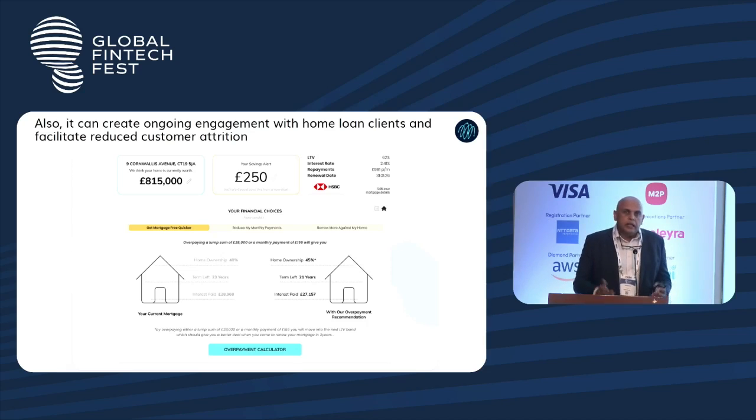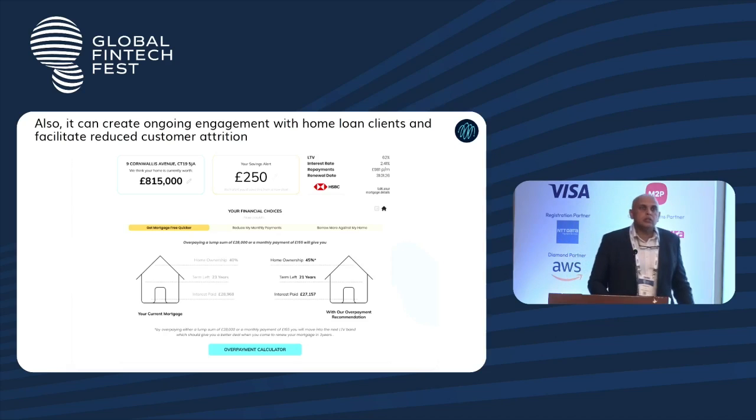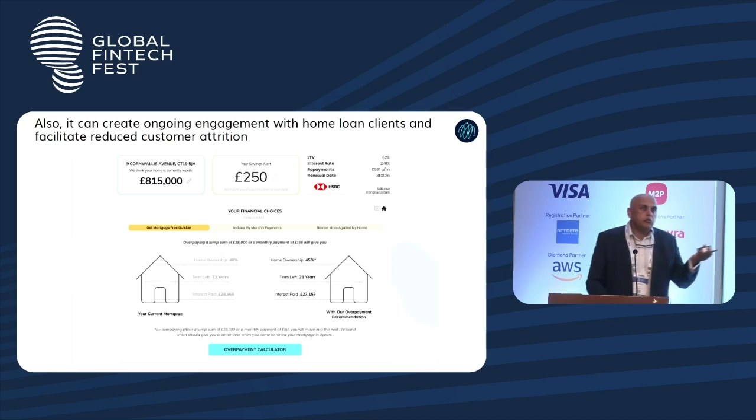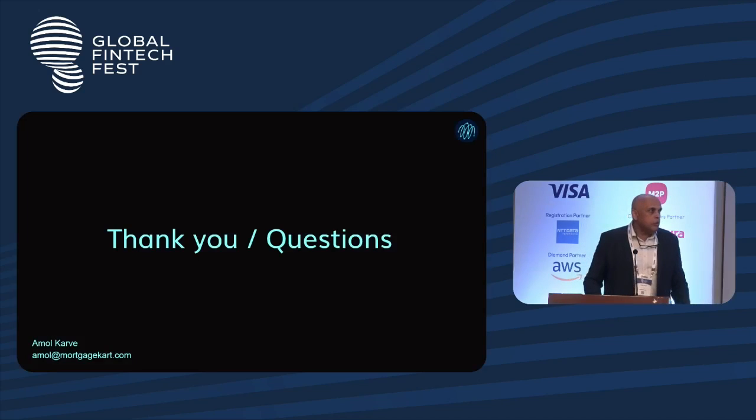So there are many advantages that banks can have in 3 terms really. One, improving sales, second is improving engagement, and third is improving retention. So all these benefits banks can get straight away, and therefore we believe that this is a good product for banks to actually partake in. I'll stop here. Happy to take any questions.